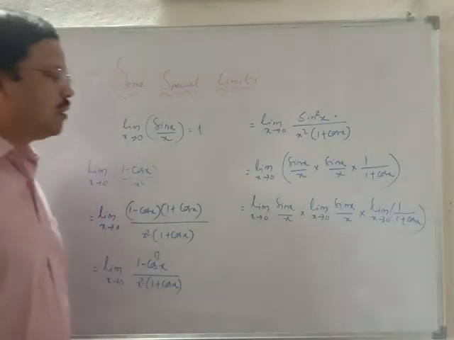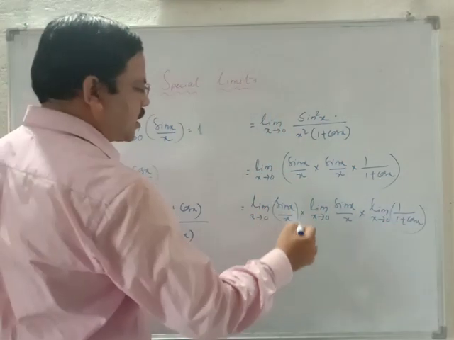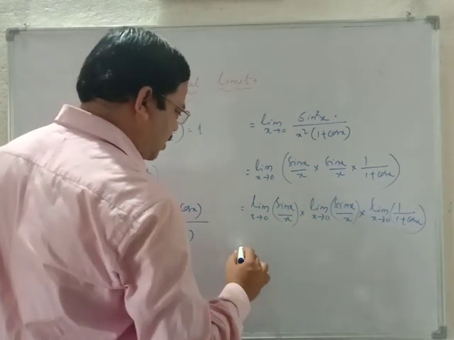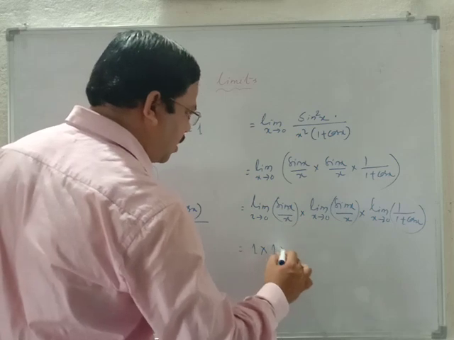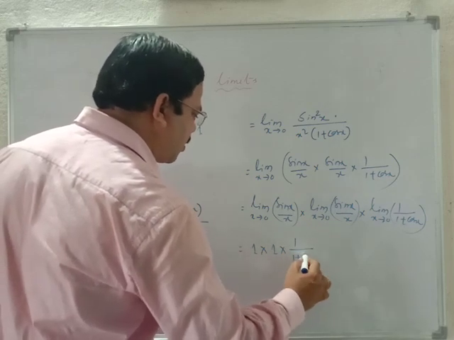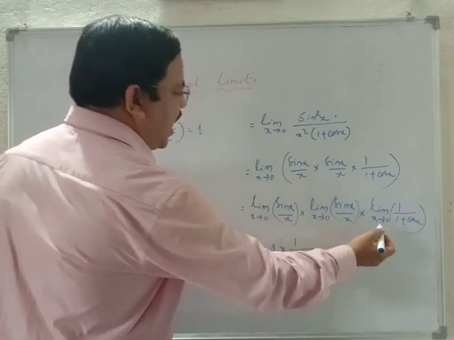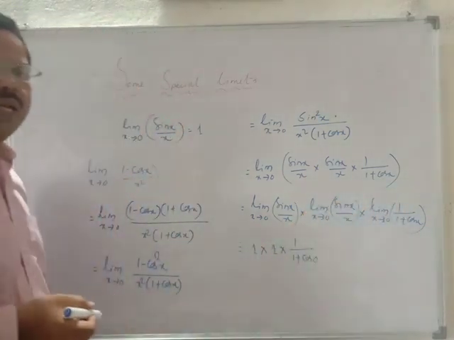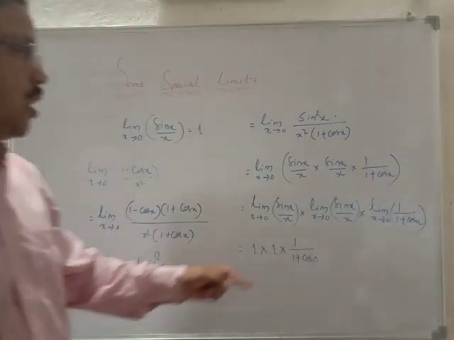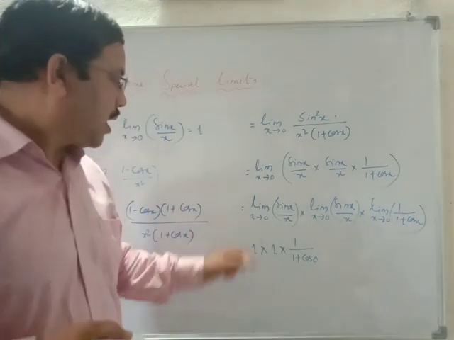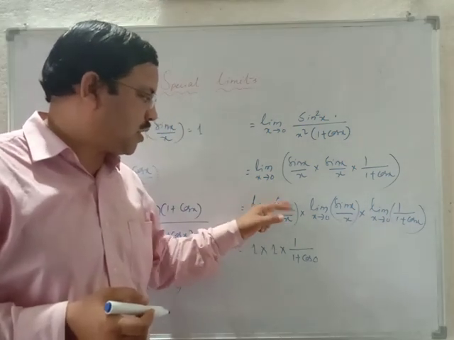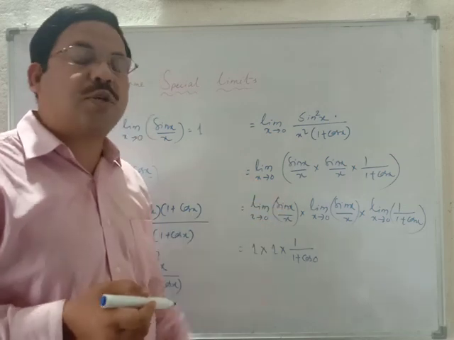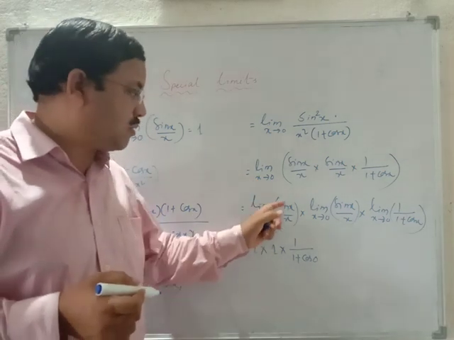Limit x tends to 0 sin x by x equal to 1, into another 1, into 1 by 1 plus cos 0. In the last factor, x equal to 0 can be put directly because no 0 by 0 form is there. If we put x equal to 0 in sin x by x, that is sin 0 by 0, and 0 by 0 is meaningless. We cannot put x equal to 0 here.